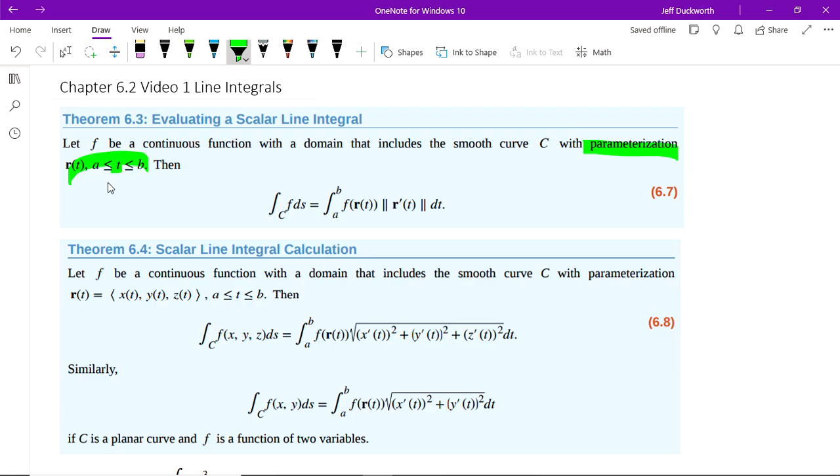Be our new value. So again, with a lot of the things for integration, our function has to be continuous. And the domain has to include some sort of smooth curve, C. And again, the smooth curve could be just a line. That's not an issue, but essentially no sharp points like you would find at an absolute value or something like that.